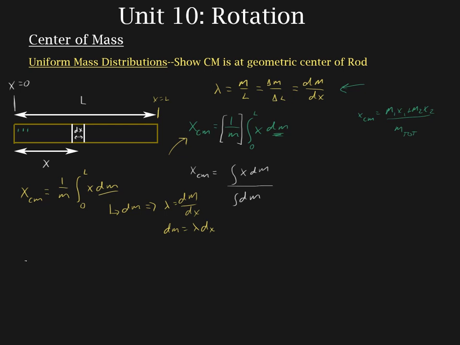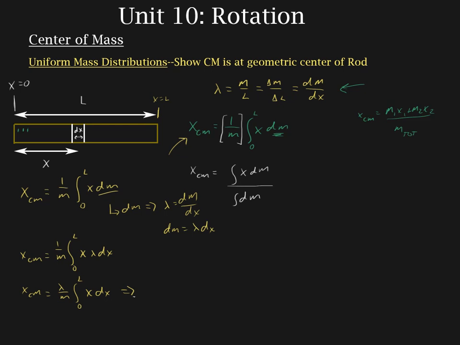So we'll make that substitution, and we have x_cm is equal to 1 over m times the integral from 0 to L of x lambda dx. Now lambda is going to be a constant, so we can pull it out, and we get x_cm is equal to lambda over m times the integral from 0 to L of x dx.